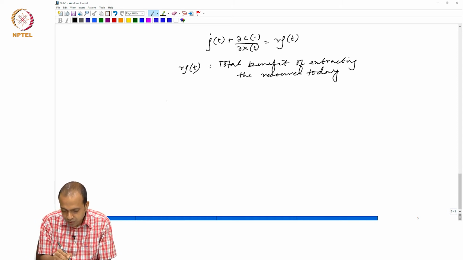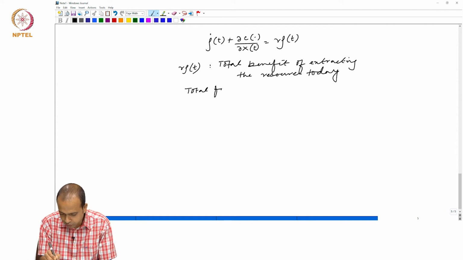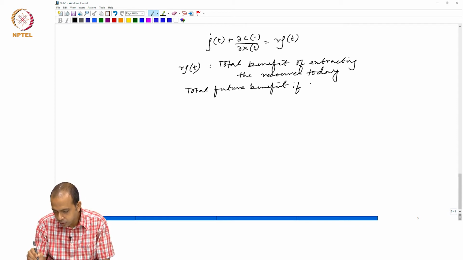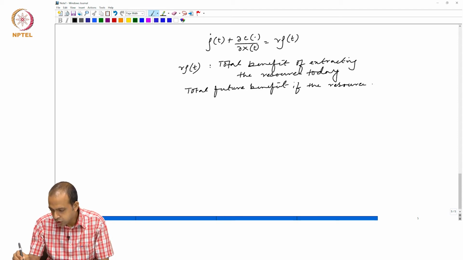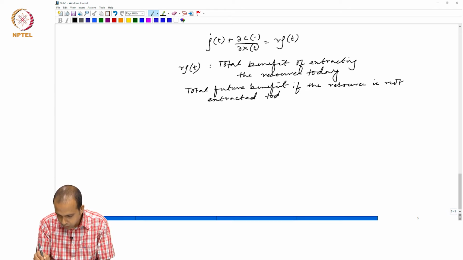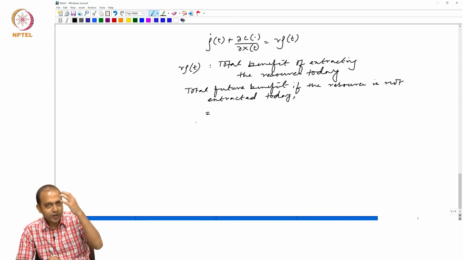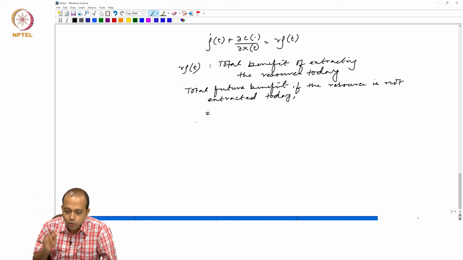Now, the total future benefit if the resource is not extracted today is basically a summation of, if I keep the resource for tomorrow's use, what will happen?